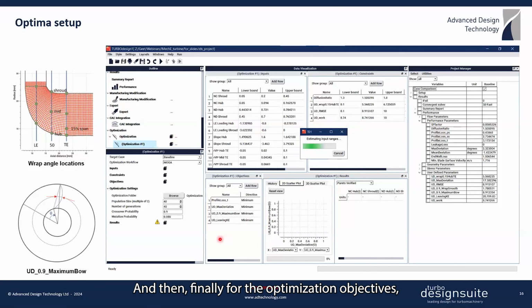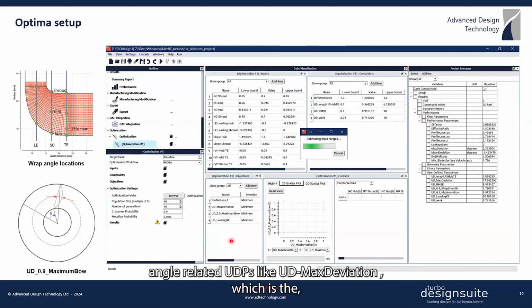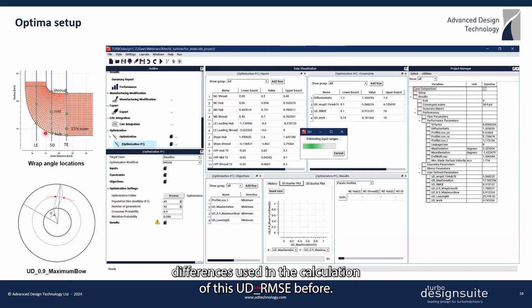And then finally, for the optimization objectives, we want to minimize the profile loss and leaving kinetic energy in order to maximize the efficiency. But at the same time, we also want to minimize some more wrap angle related UDPs, like the UD max deviation, which is the maximum value of all the wrap angle differences used in the calculation of this UD-RMSE before.